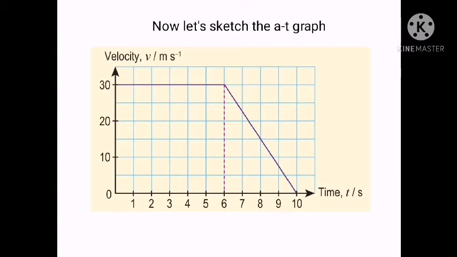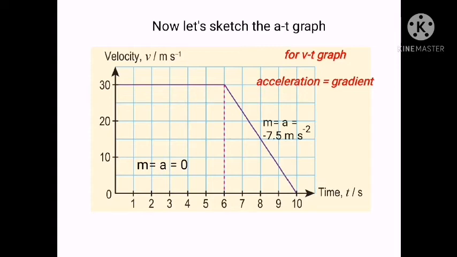Now we're going to sketch the AT graph or the acceleration versus time graph. Remember, to calculate the acceleration, we need to calculate the gradient. So the gradient from 0 second to 6 second is 0, meaning the object is moving with a constant velocity. And the gradient from 6 second to 10 second is negative 7.5 meter per second square, which means the object is slowing down.